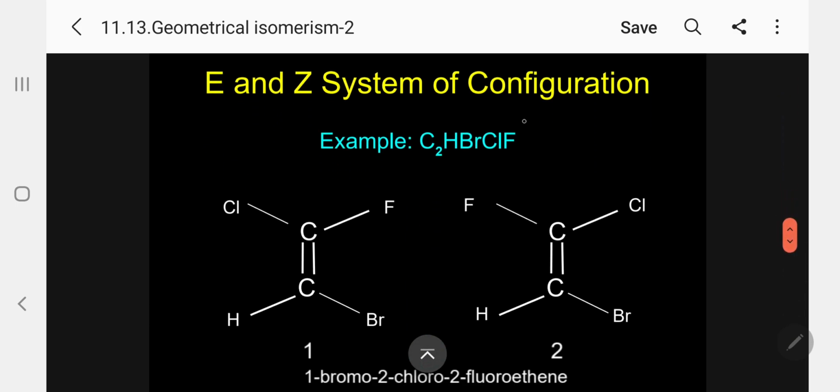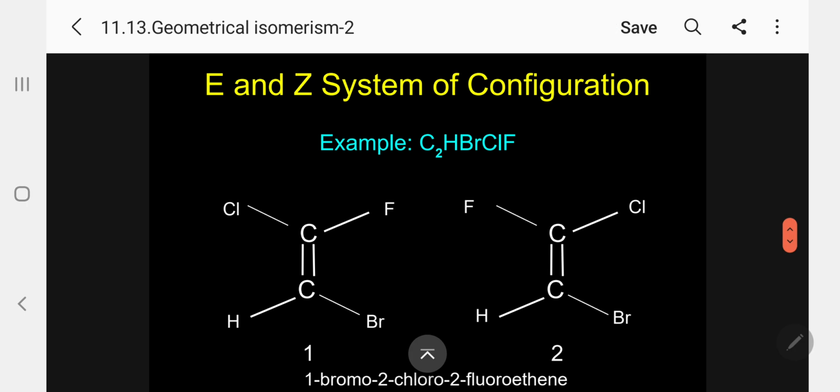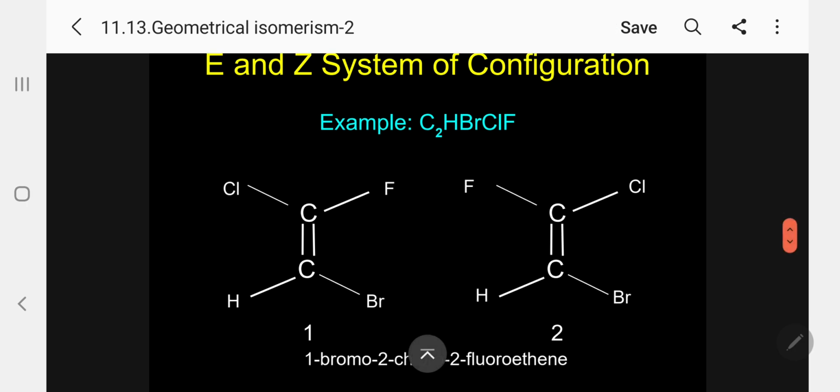Kindly follow. Now the example I am taking here is C2HBrClF. What I am going to give you, students, is the information to follow and understand this system.